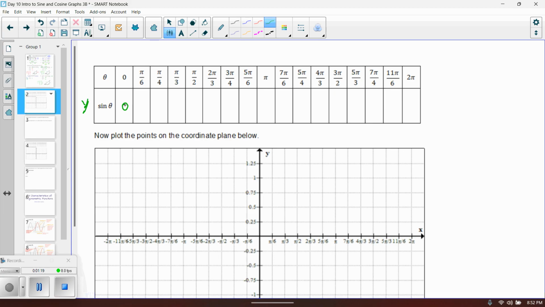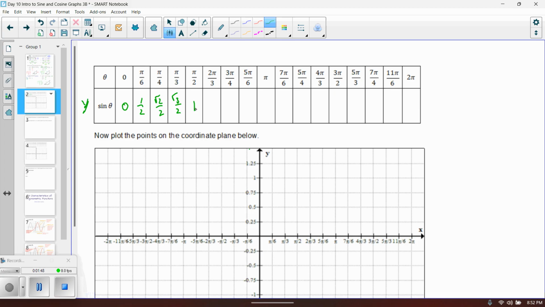If you look at pi over 6, which should be in that first quadrant, the y value there should be 1/2. Then if you look at pi over 4, the y value should be square root of 2 over 2. Pi over 3, it should be square root of 3 over 2. And then at pi over 2, it should be 1.